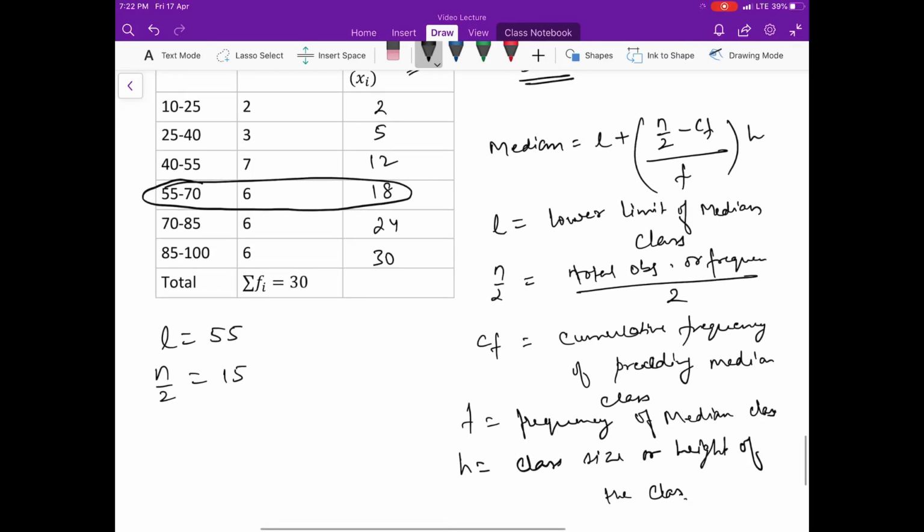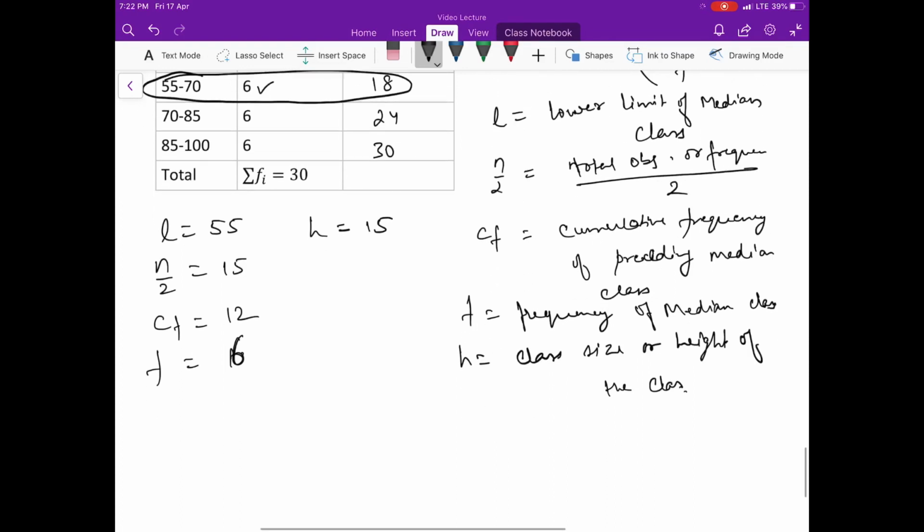Next, the cumulative frequency just preceding the median class is 12. The frequency of the median class is 6. They are asking for the frequency, not the cumulative frequency, so the frequency is 6. Next, the class size is 15.